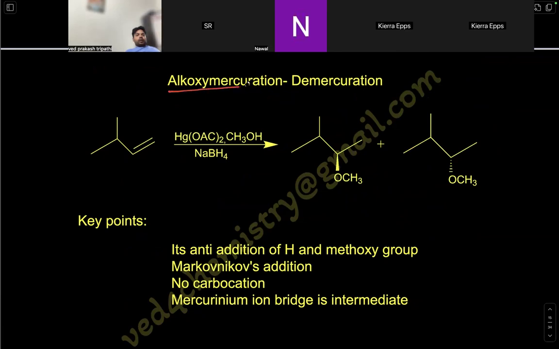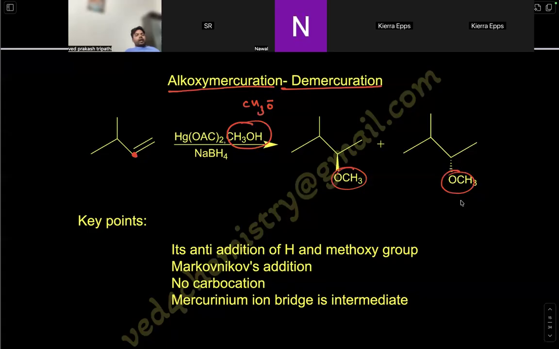Similarly, alkoxymercuration. Alkoxymercuration means the nucleophile would be CH3OH, which means methoxide ion would be nucleophile. So it would attack on the carbon which has less hydrogen. Again the same. OCH3.